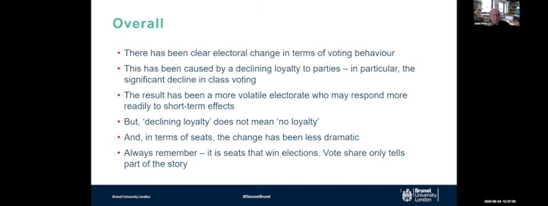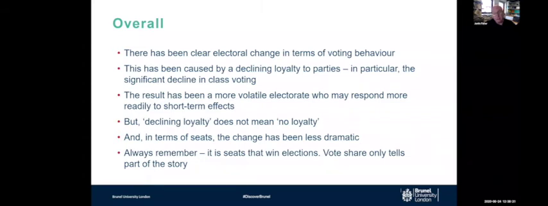But, and here's a really important point, and one I want you to take away: the declining loyalty to parties doesn't mean that there's no loyalty. Just because fewer people are strong supporters, it doesn't mean that all voters are up for grabs in every election. And what we also see is that whereas voting behaviour has changed, in terms of seats, the change over this period has been far less dramatic.